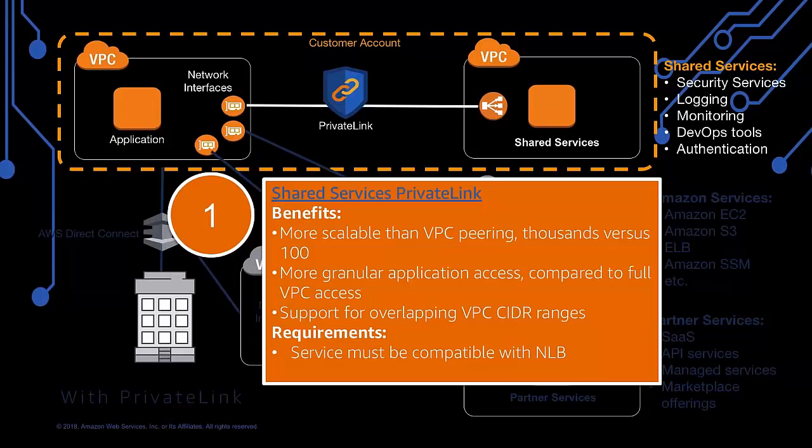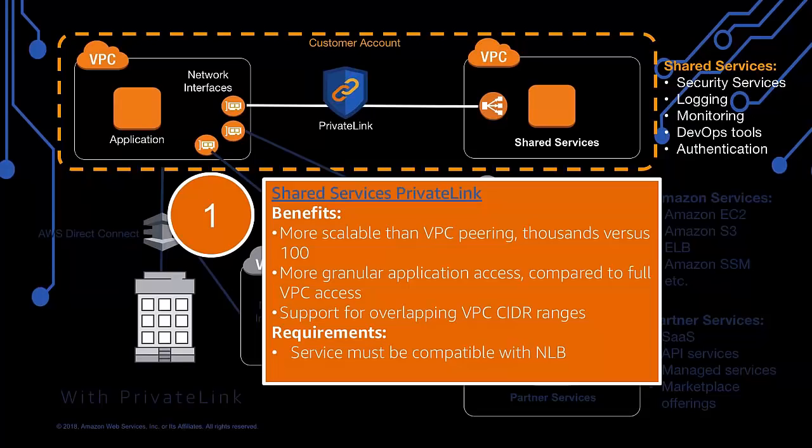As well, if you have a VPC and you peer it with another VPC, there are 2 or 3 different levels of security controls, but you're effectively binding 2 VPCs together. And if all you wanted to do was access a single service in another VPC, it's pretty inefficient with peering. So in this model, by just putting a network load balancer in front of the service that you want to share with another VPC, you're able to provide much more granular access.